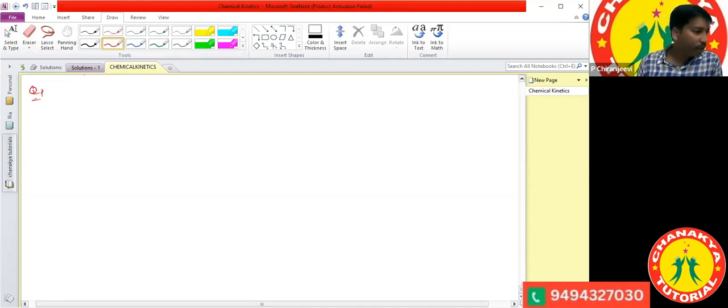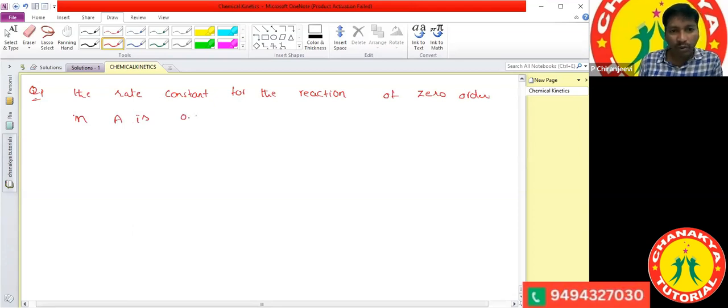Question number 1. The rate constant for the reaction of zero order reaction in A is 0.003 mole liter inverse second inverse.